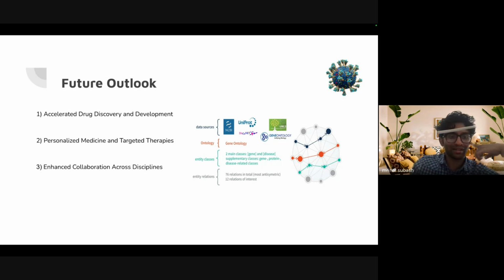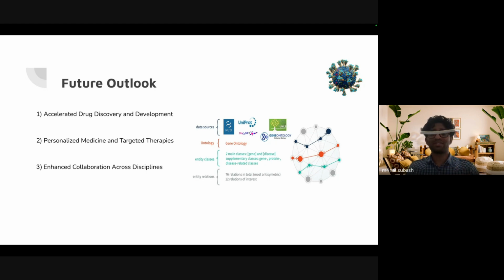And another thing is enhanced collaboration across disciplines. AI can encourage interconnectivity of different disciplines, of people from different backgrounds. Say a healthcare professional is somehow interlinked to the drug discovery team through the advent of AI.